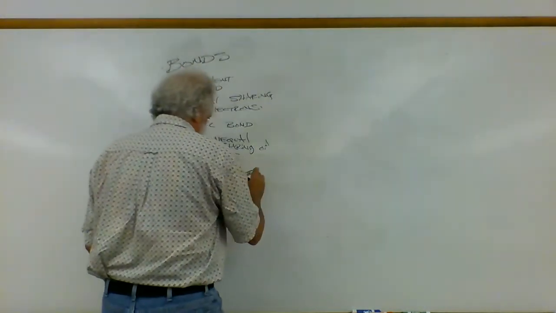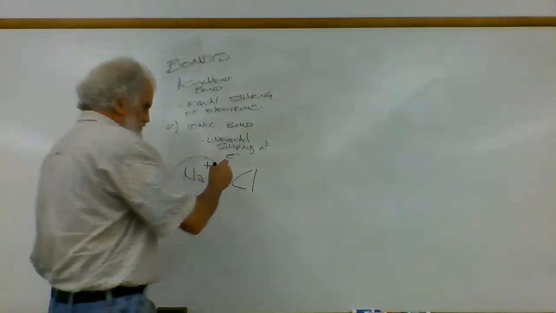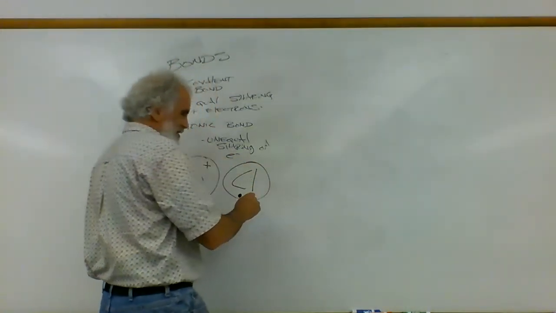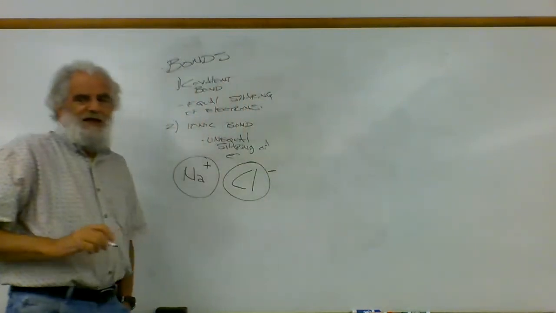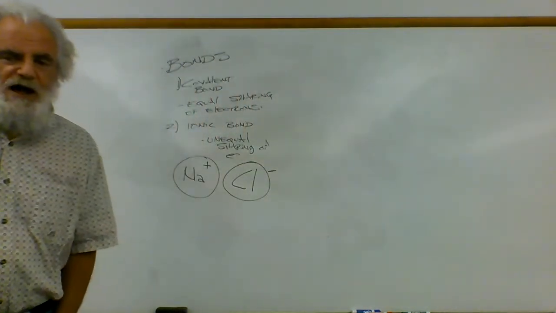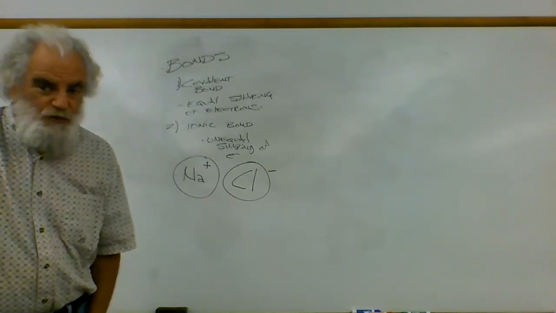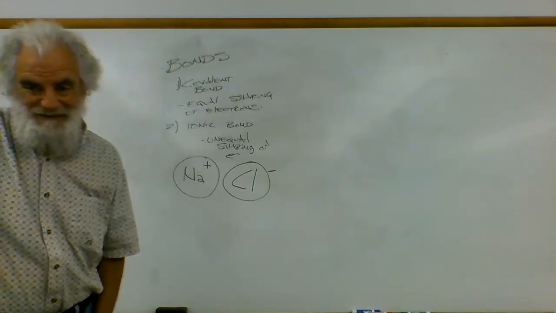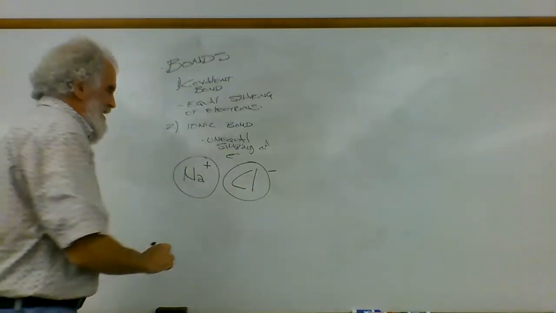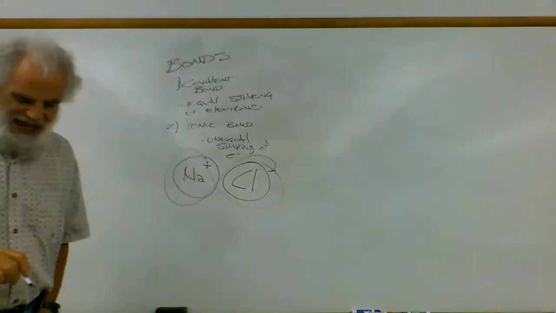And then here's chlorine. Chlorine is carrying an extra electron. So that means it's carrying a net negative charge. Now, what happens is the sodium really wants an electron, the chlorine really wants to get rid of its extra electron, and bada bing, we end up having a match made in heaven.